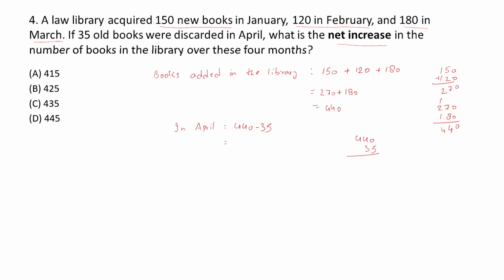Again 0, so difference is not possible. You cannot subtract 5 from 0. So you have to take remainder. It becomes 10. 10 minus 5 is 5. It becomes 3. 3 minus 3 is 0 and 4 as it is. So 405 books. So the net increase in the number of books in the library over these 4 months is 405. Okay.